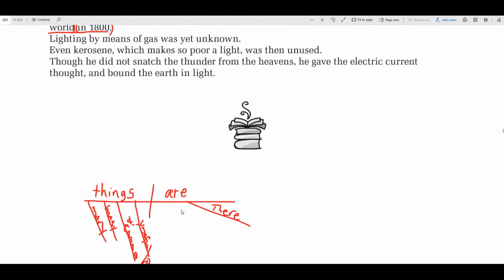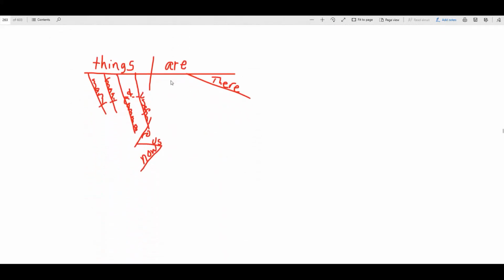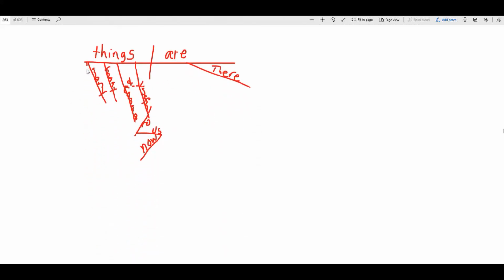Okay, now remember what I said, that clause, "which were unknown to the world." Remember what word I told you that goes to? It's telling us about things. So we're going to bring our clause down here and do our next clause.